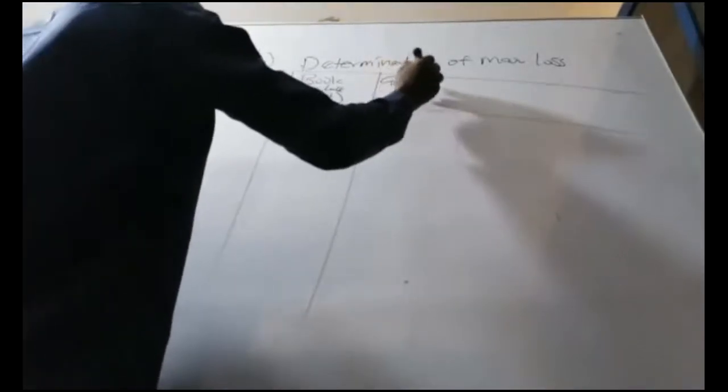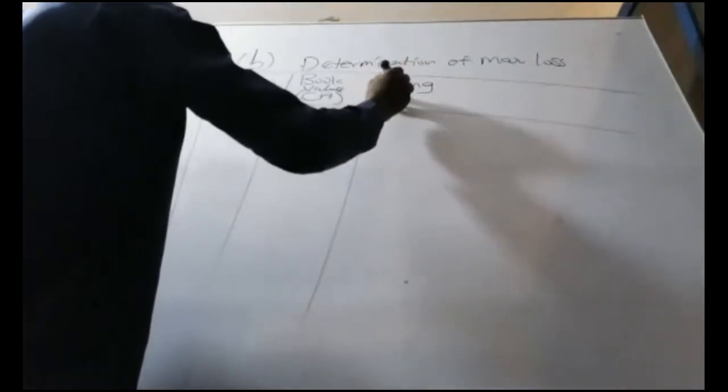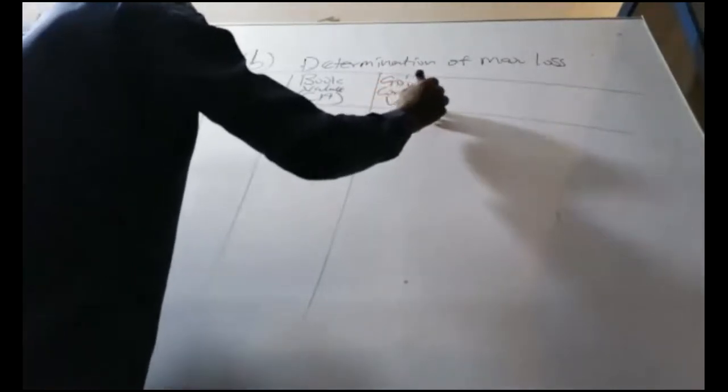Okay, so these are all the assets. This is the book value, and the going concern value. Don't forget that the figures are in millions.